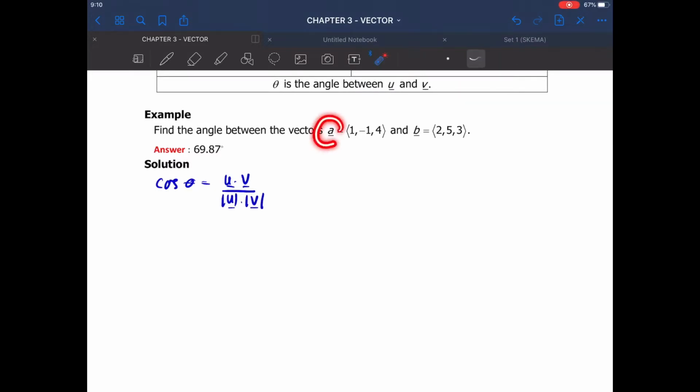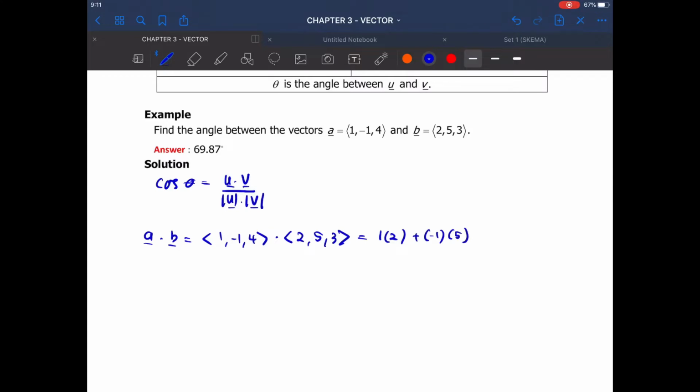Given vector A and vector B, u will become A and v will become B. Therefore u dot v, which is vector A dot vector B, is equal to (1, -1, 4) dot (2, 5, 3). The answer will become 1 multiplied by 2 plus negative 1 multiplied by 5 plus 4 multiplied by 3. So the dot product A dot B is equal to 9.